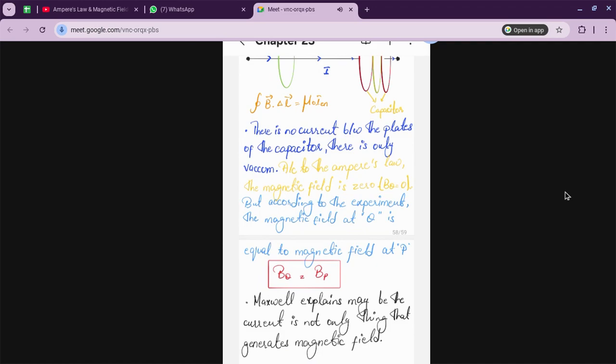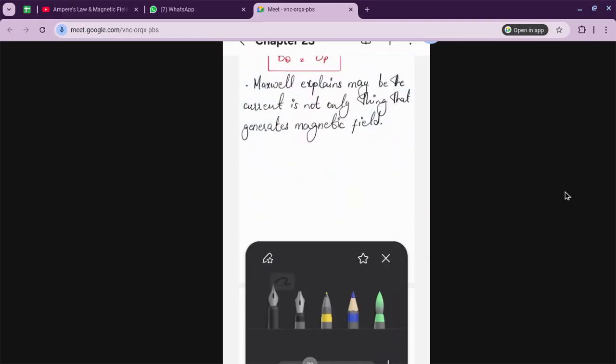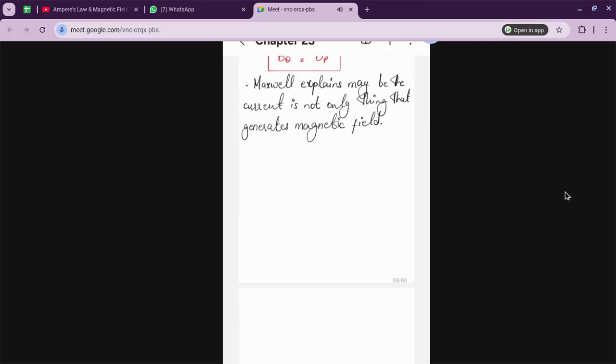Now, what he did, because the electric and magnetic fields are moreover the same, the sources and the results are moreover the same, so he started explaining like that.